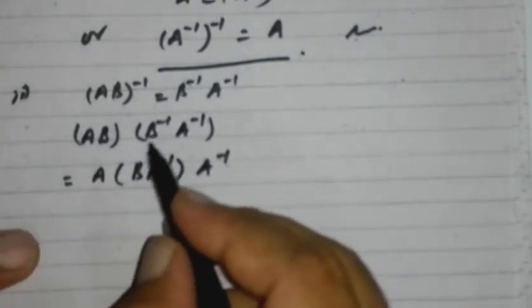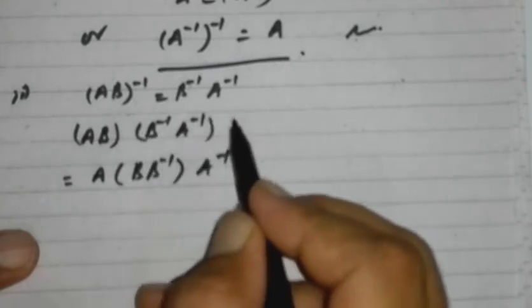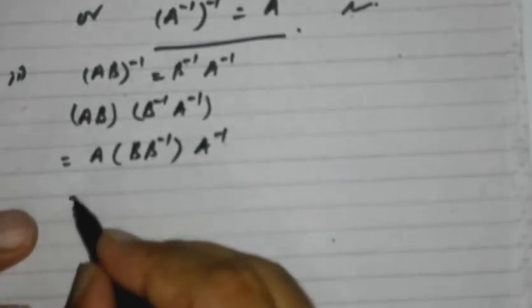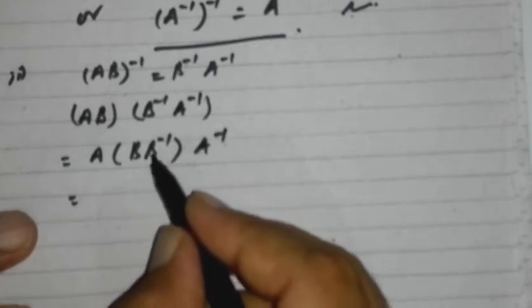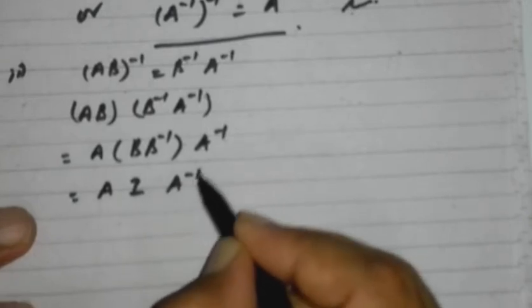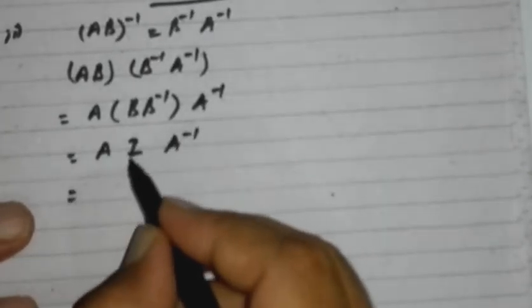When we take it in, we take it out. Now we know that B and B inverse are inverses of each other, so we can write I and A inverse.